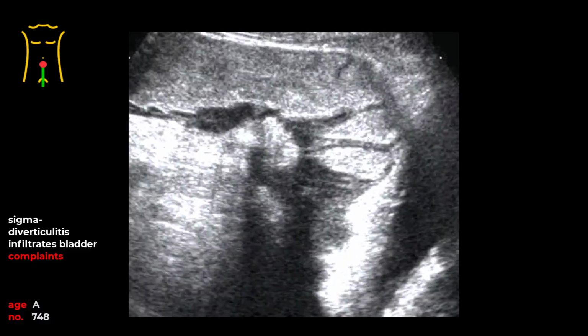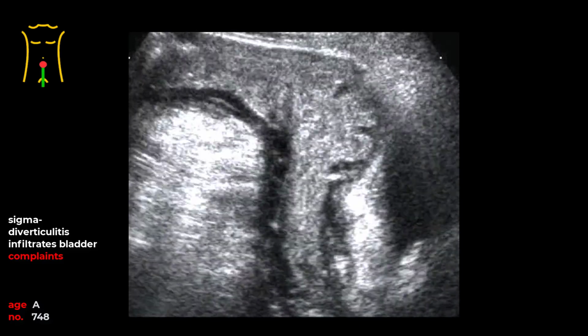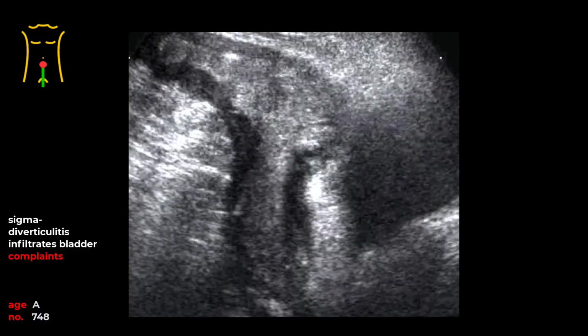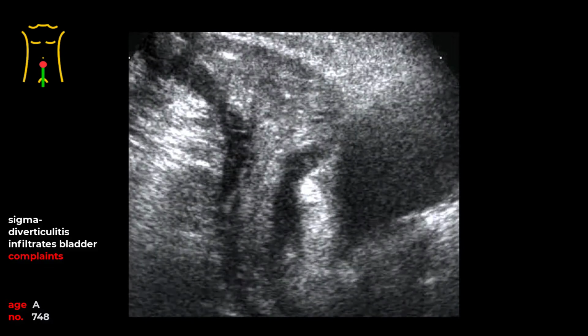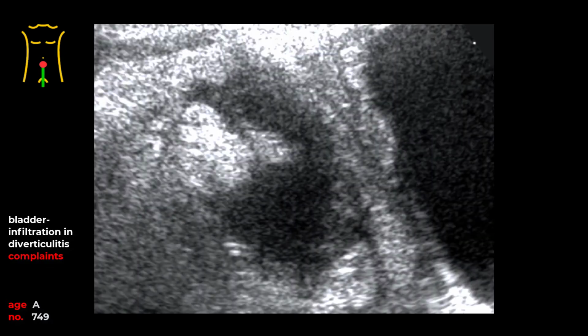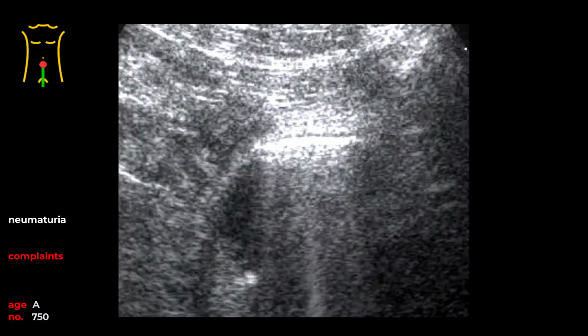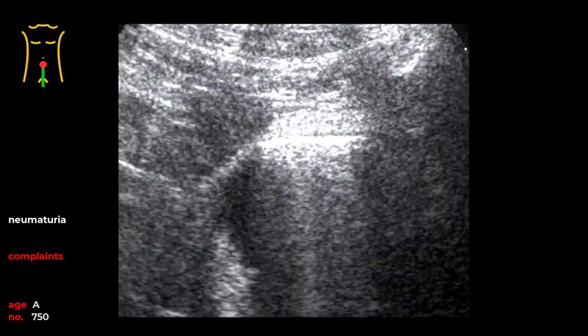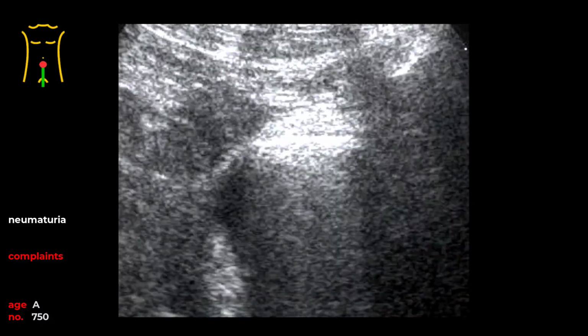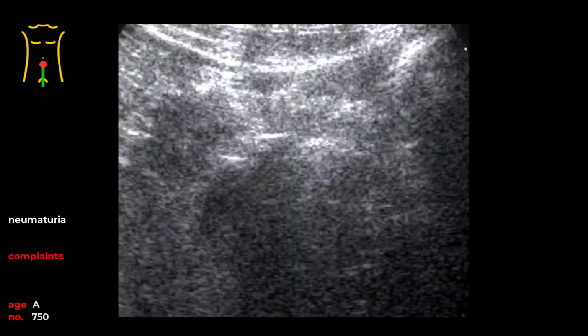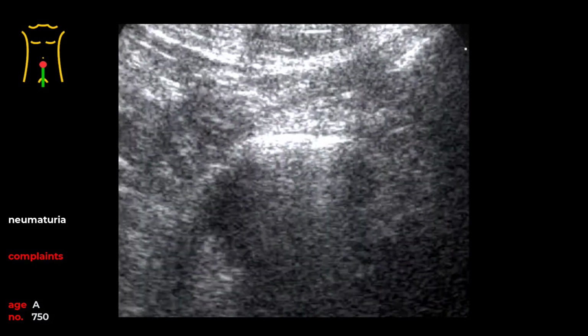748 shows a diverticulitis infiltrative to the urinary bladder. And the same is true in 749. In 750, you see the natural result, pneumaturia.